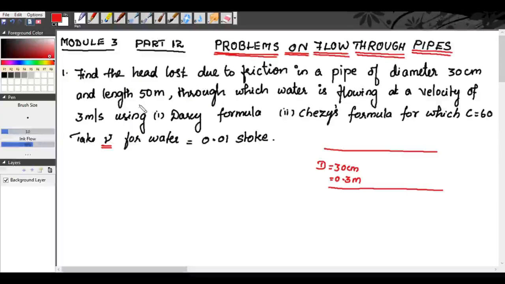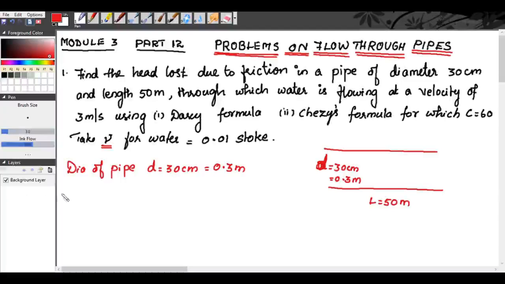The length of the pipe, L, is given as 50 meter, through which water is flowing.